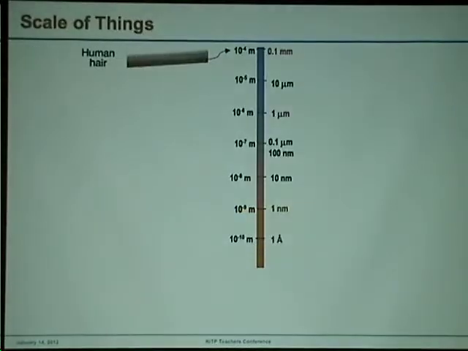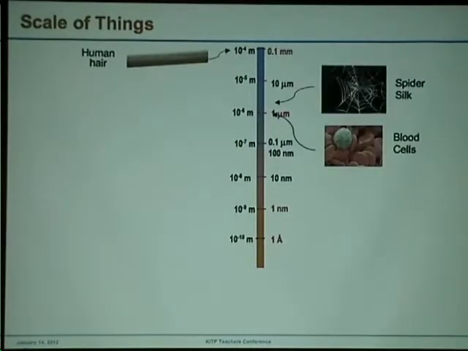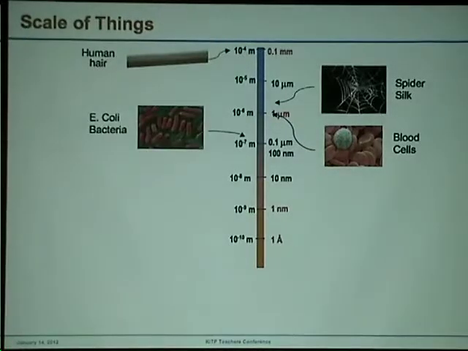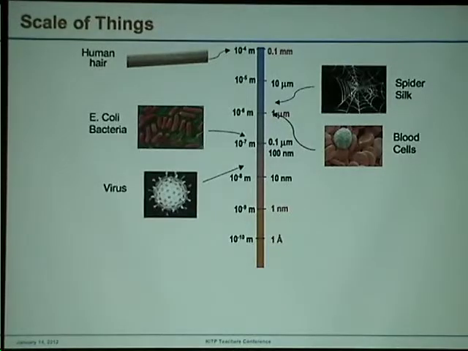Okay, so here's a look at the scale of things. We can start with human hair, which is kind of the smallest thing you can see with the naked eye. Then you go down a few orders of magnitude, maybe 100 times in diameter, and you have spider silk and blood cells. Bacteria are about 200 nanometers. A virus is about 30 nanometers in diameter.